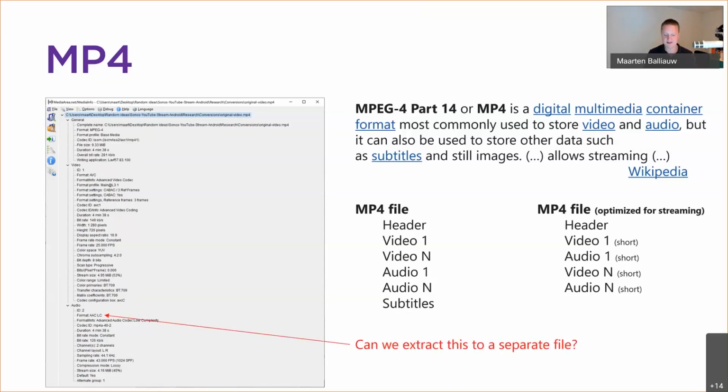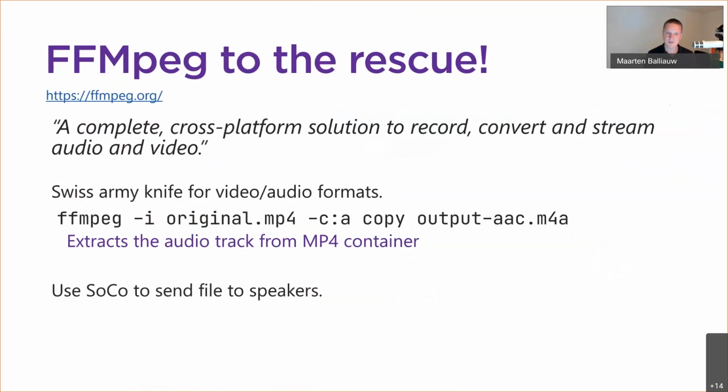Awesome. Can I extract this to a separate file? Turns out, yes, you can. There is tooling called FFmpeg, and FFmpeg is like a Swiss Army knife for all audio, video, and recording formats. It can record, it can convert, it can stream audio and video.